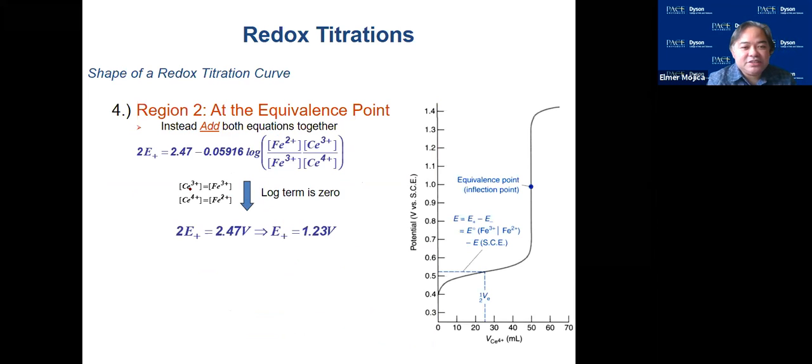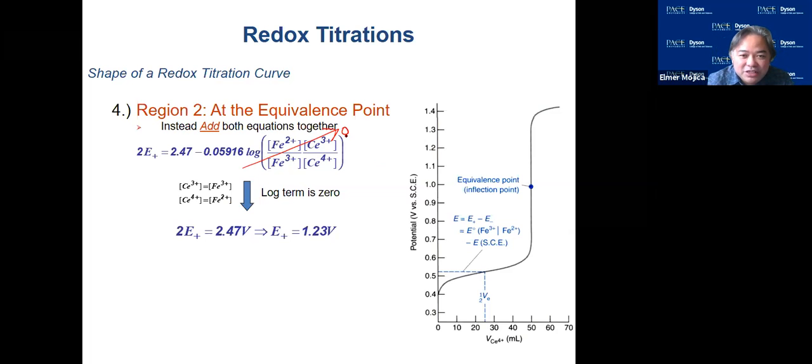So what happened here? Ce3+ and Fe3+, which are both the products, are the same. Both the reactants are the same. So if they're both the same, most likely what will happen? This is just equal to 0, because that's log 1.